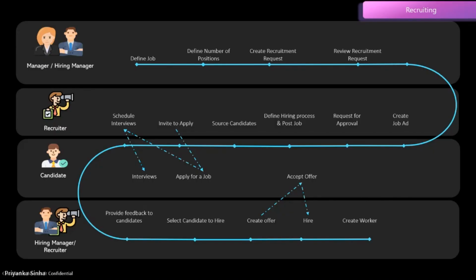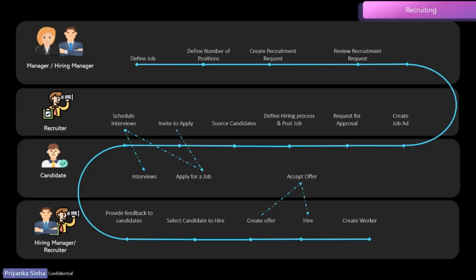Then the recruiter will send the invitation to selected candidates, arrange interviews and shortlist the candidates. Then that whole interview process will happen, with a hiring panel and multiple rounds of interviews.